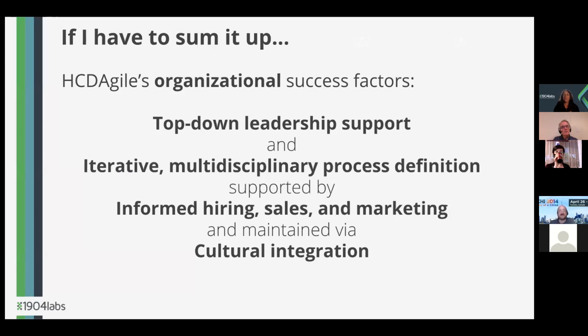Iterative, multidisciplinary process definition, supported by informed hiring, sales, and marketing. So again, up and down the organization, everybody has to be on board. Everybody has to understand this, and maintain via cultural integration. So everything we do is human-centered, and we make sure that everybody understands this is not an option, right? This is the way we engage, and everybody's on board with that. So that's from an organizational success factor level.